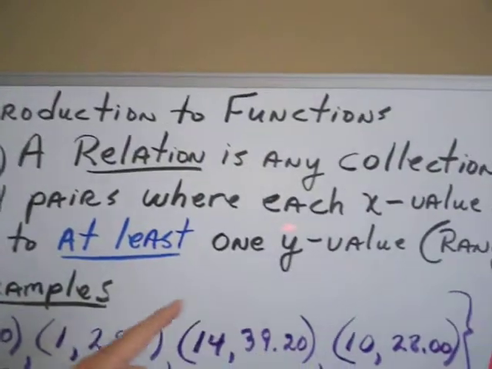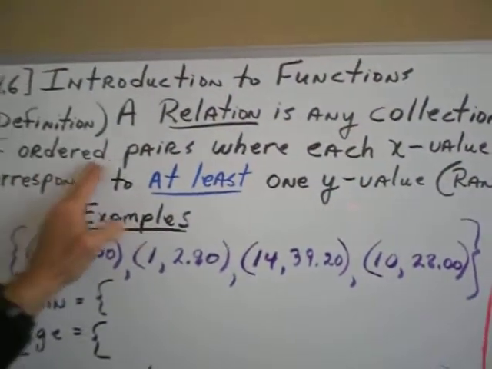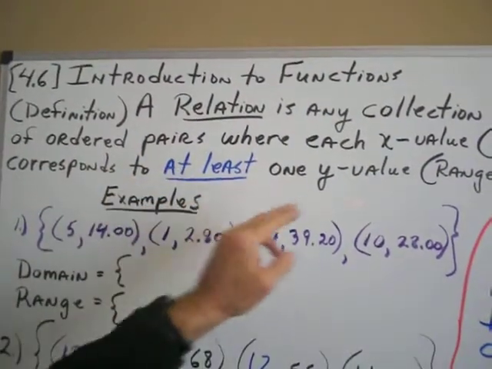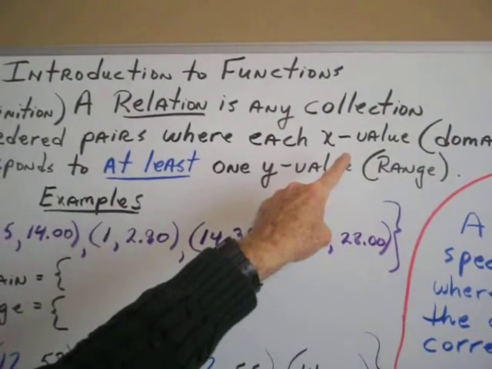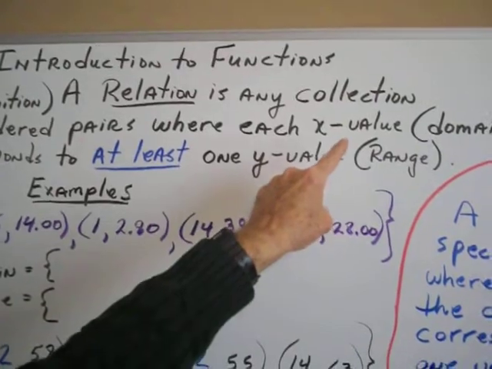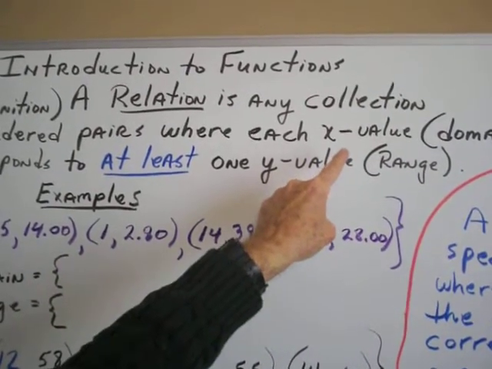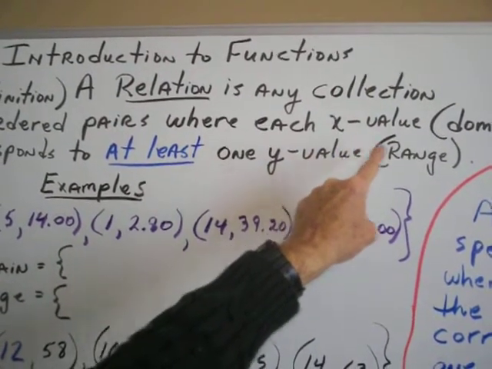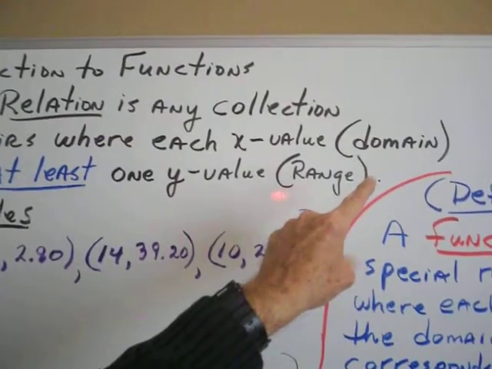A relation is any collection of ordered pairs where each x value, now here's a brand new vocabulary word, the x value of an overall relation is called the domain.